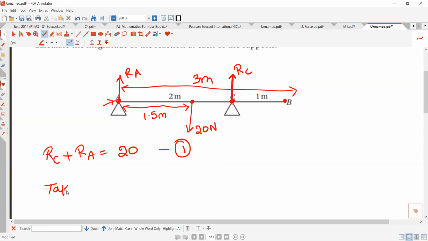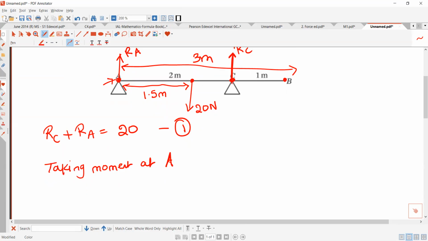By making the second equation, you have to say, taking moment at A. So now the examiner knows A is the pivot, so all the calculation this person has done is from A. Let me show you very strongly.